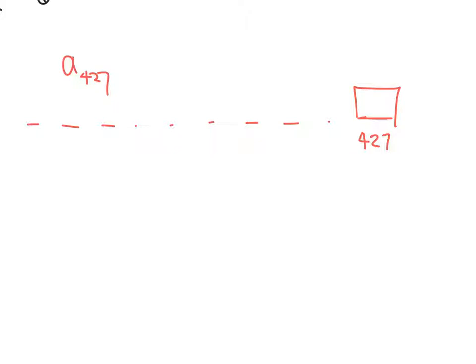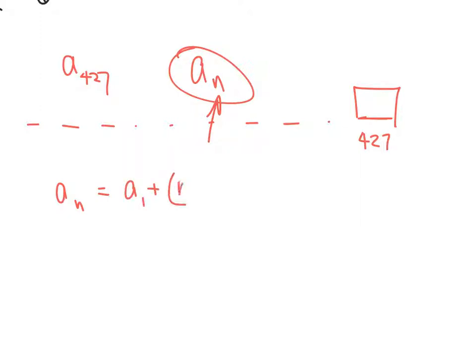Or any number. And that's why I say a to the n. That means any number that we want to deal with is going to be able to be figured out using this formula. My any number is going to be my first number plus the place value I'm looking for times the common difference.